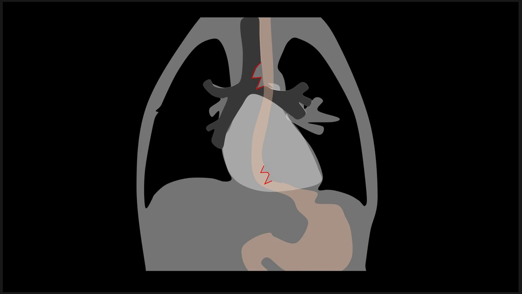With either one of these, air can then dissect out through the mediastinal tissue planes, and in some cases continue into the mediastinal parietal pleura and enter the pleural space, causing a pneumothorax or pneumomediastinum. Sometimes one is more dominant than the other, but they can both be present if you look closely.